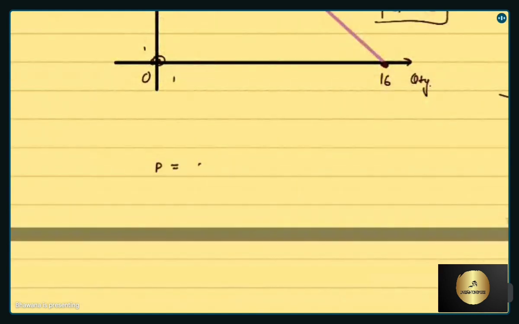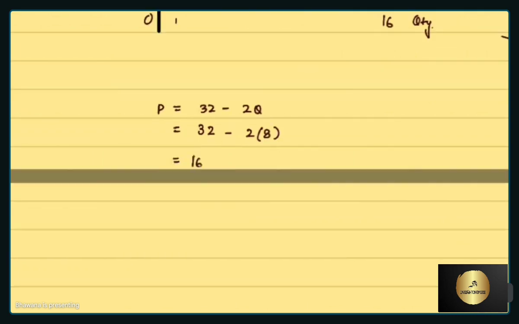So P is equal to 32 minus 2Q, putting 8 in place of Q, you will get 16. So your equilibrium price will be 16. So in a market, in order to consume 8 units of a commodity, you have to pay 16 rupees for each of the units. This is the price.